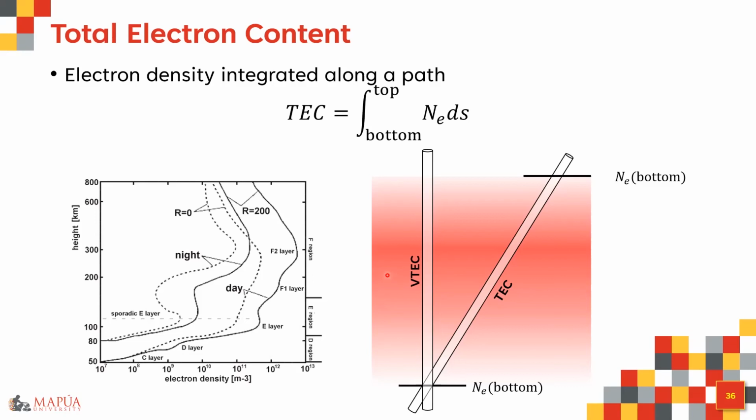Okay, so far we've talked about three parameters to describe the ionosphere. We have NmF2, the maximum density in the F2 layer, and hmF2, the height at which that peak ionization is found.